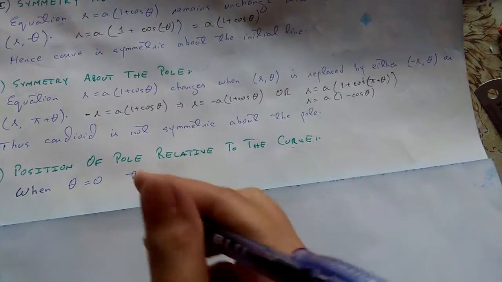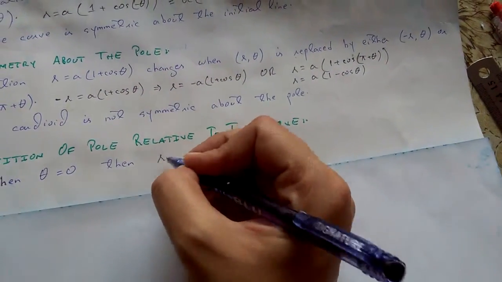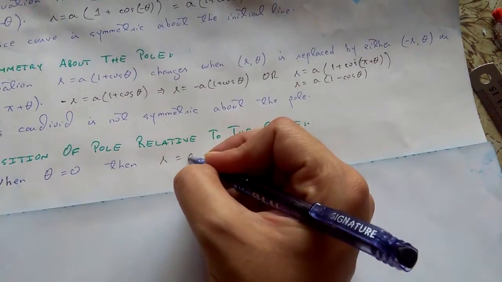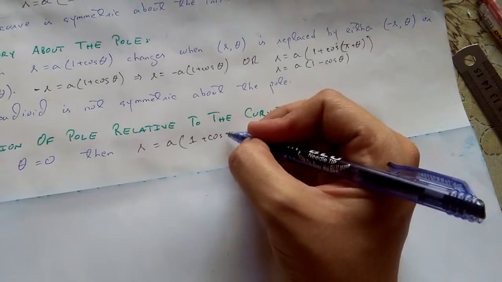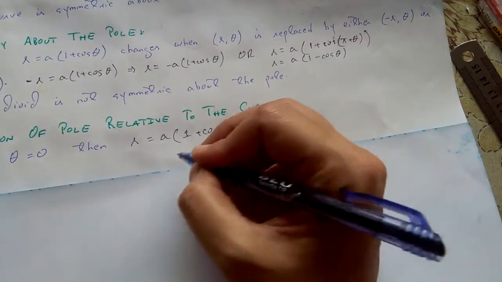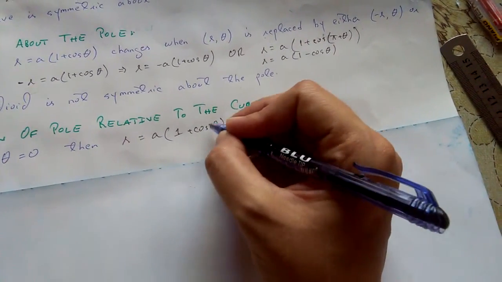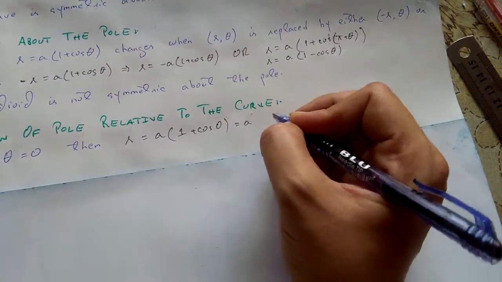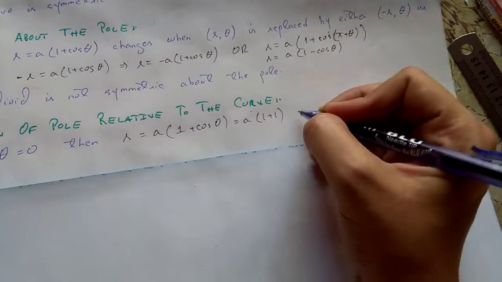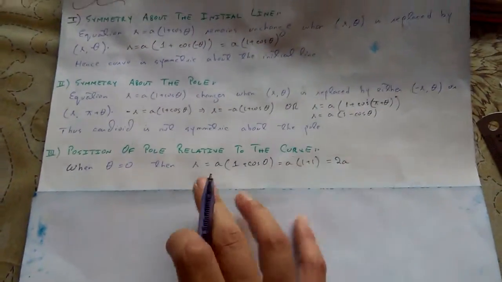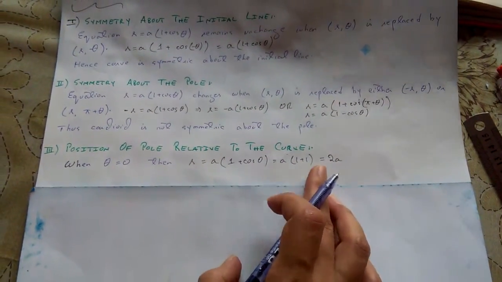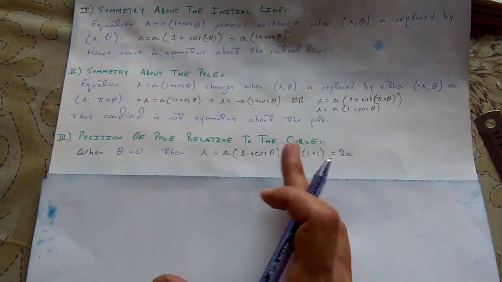So if you put theta equals 0 in this equation, then what is going to be the value of r? That's what it is all about. So cos 0 gives you 1, so it will give you a(1 plus 1), which is equal to 2a. So if theta is 0, then r is equal to 2a. That's what this point is about, and we just did that.